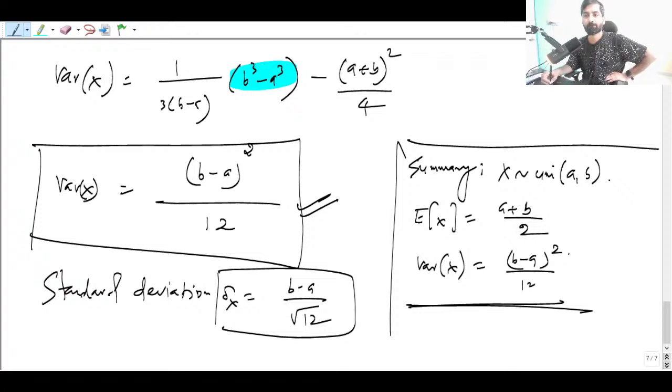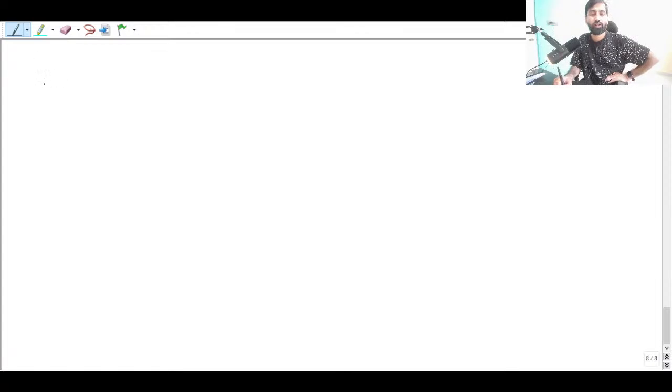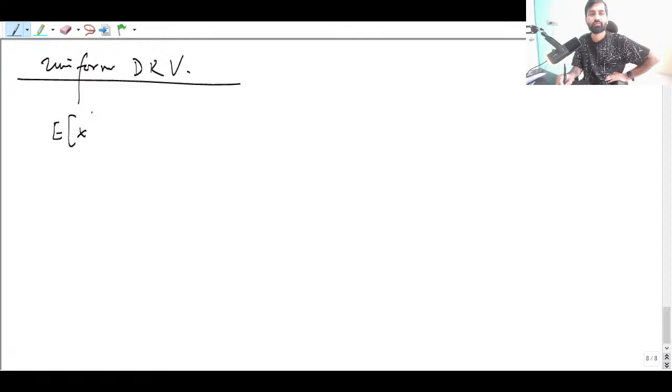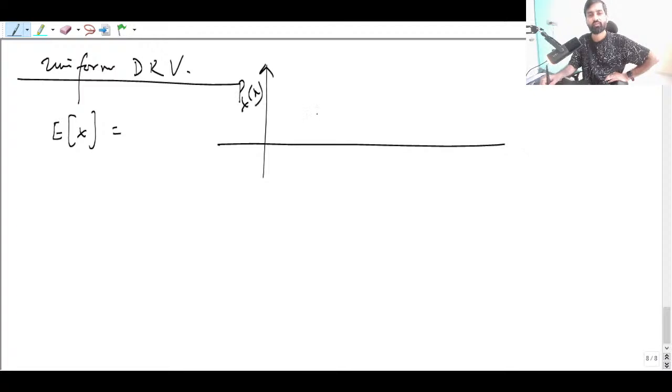And you know what is the expectation of a uniform DRV? What is the expectation of a uniform discrete random variable? So you know that suppose you have a PMF given like this: a, a plus 1, and the last is b.